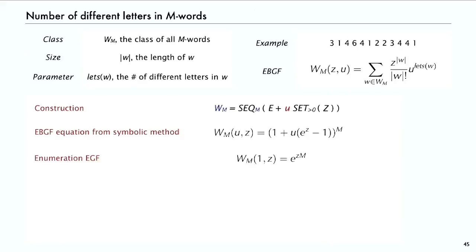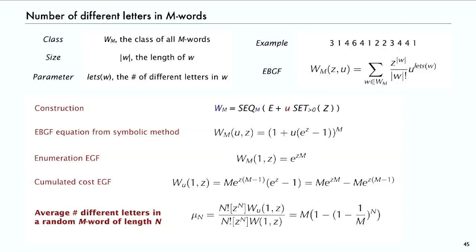From that equation, we can evaluate at u equals 1 and get e to the zM. And we can differentiate with respect to u and evaluate at 1, and we get a slightly more complicated expression, but when we divide the two, we get the familiar result.